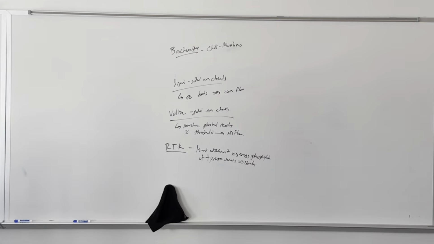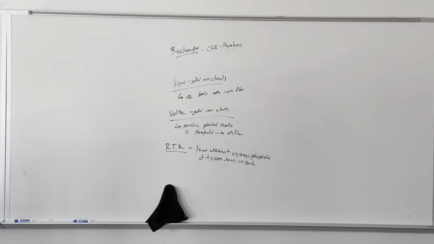Okay, this is interesting. So what's the difference between facilitated diffusion and active transport? Passive diffusion versus facilitated diffusion versus active transport. Facilitated diffusion still doesn't use energy, but it uses carrier proteins or channels, right?